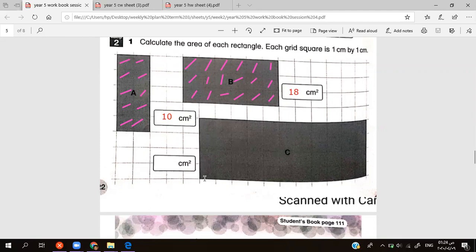This side is how many squares? 1, 2, 3, 4. This side is 4 squares. How many squares here? 1, 2, 3, 4, 5, 6, 7, 8, 9, 10, 11. This is 11 squares. So if I multiply 4 by 11, it's gonna give me 44. And so if you counted the inside, you'll find 44 squares.